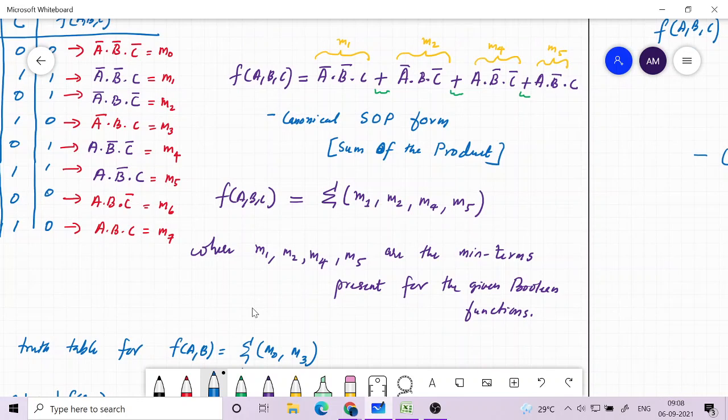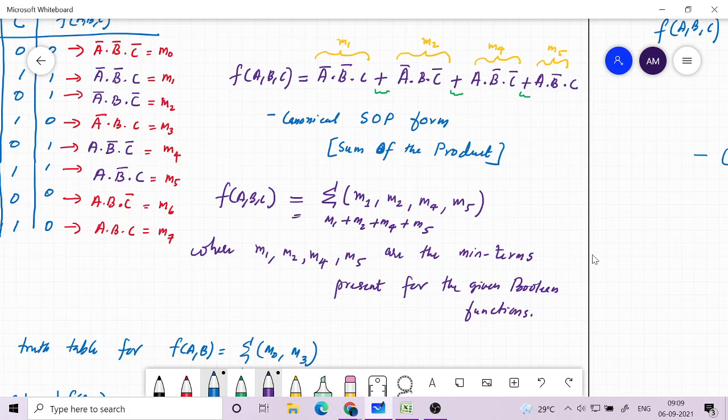So that is what we saw here: M1 plus M2 plus M4 plus M5. So this sigma means the sum operation. Okay, so that is a concise way of specifying this particular Boolean expression, which is called canonical SOP form.